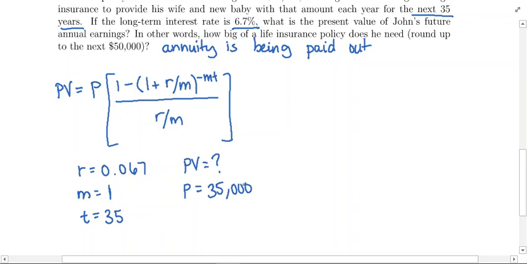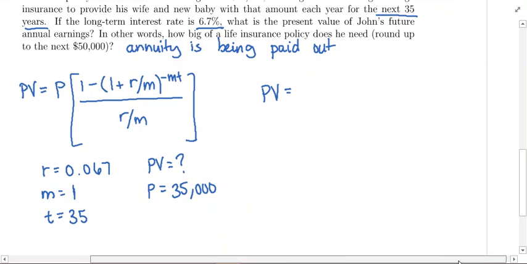So maybe it's making a little bit of sense to you. Just hang tight. Let's get through the problem, solve for PV, and then we're going to map it out, and hopefully it will make a lot more sense. So let's go ahead and plug everything in. We're looking for PV. We are going to plug in everything else we know.